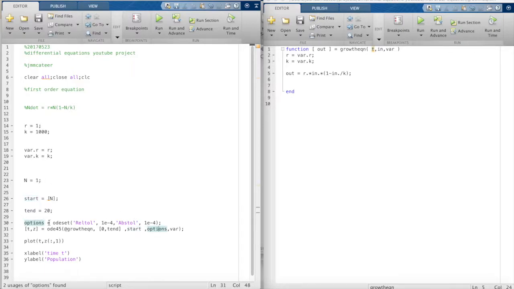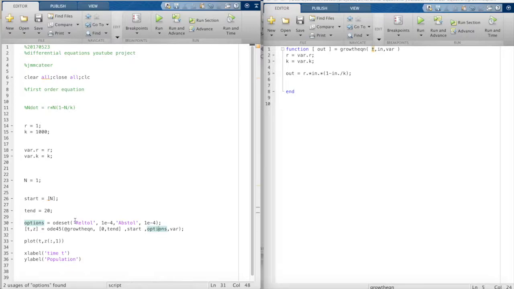Options gives this ODE option set. The default, I think, has these tolerances, which are related to the steps between each point of the integration.